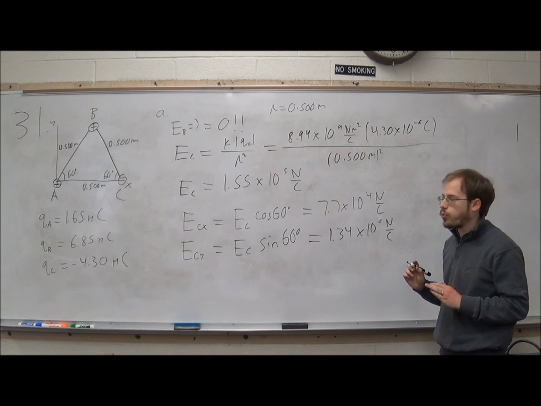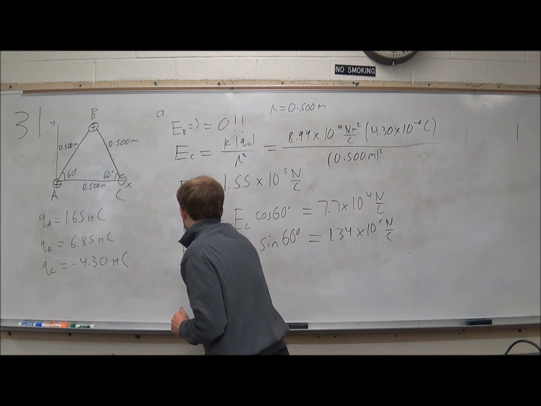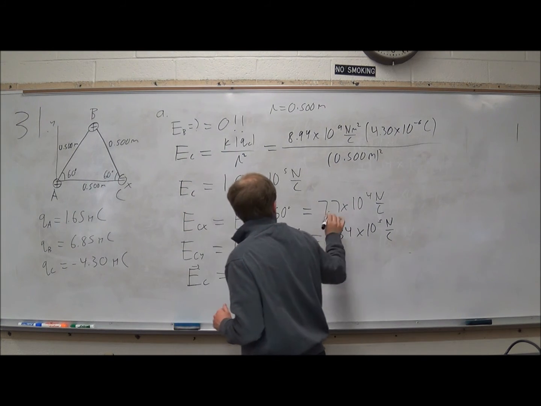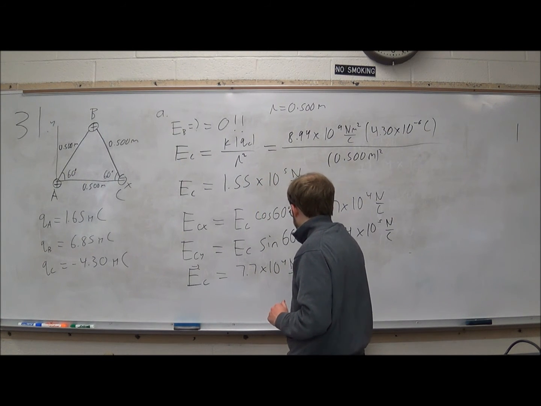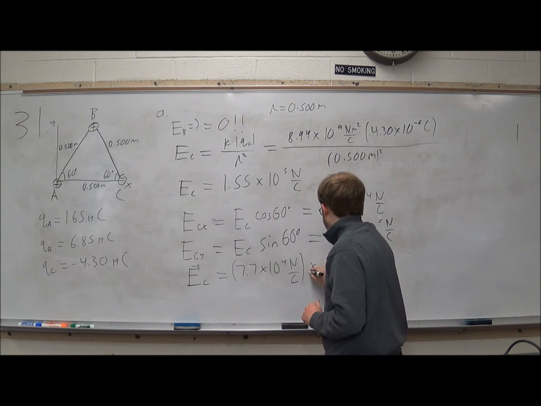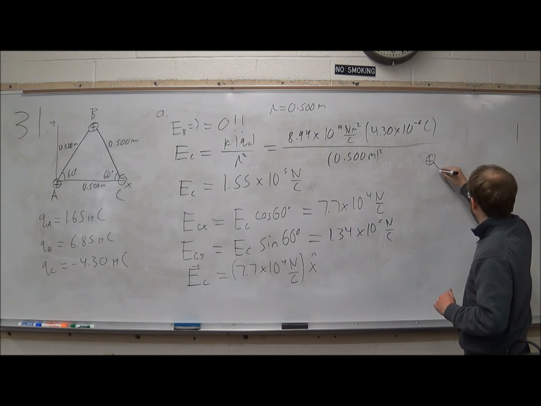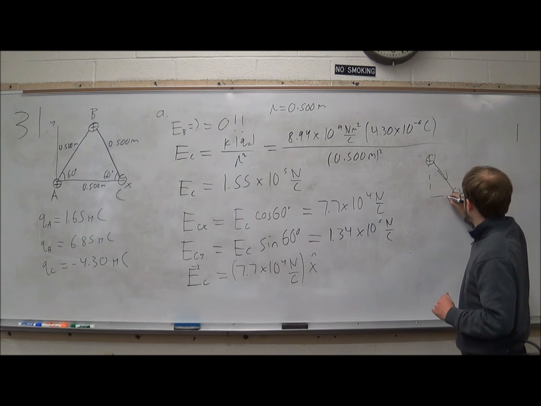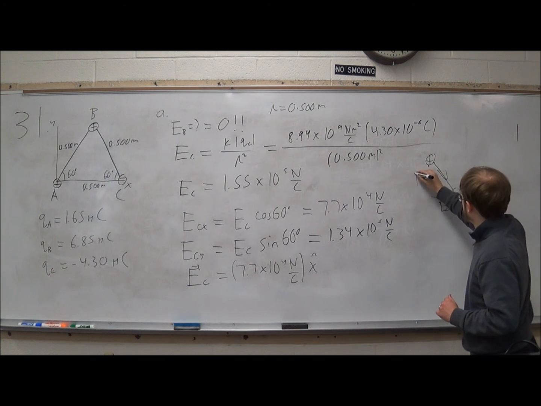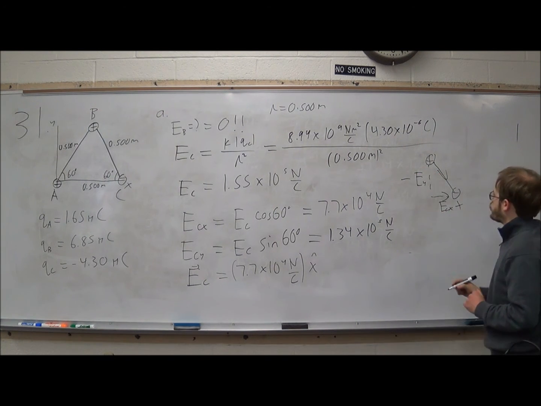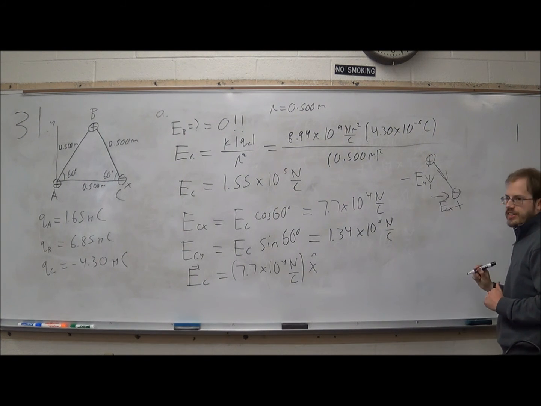Last but not least, we need to put this in unit vector notation. So E vector C is the x component, 7.7 times 10 to the 4th newtons per coulomb, x hat. But notice, again, the electric field is directed downwards, so while my x component is positive, my y component is going to be negative, because it's directed down the y-axis.